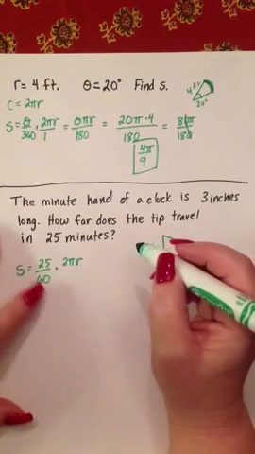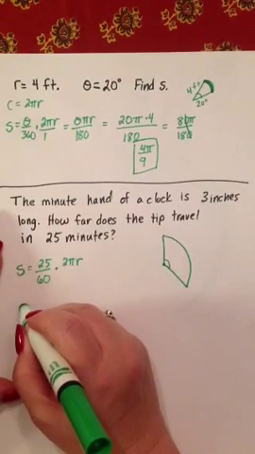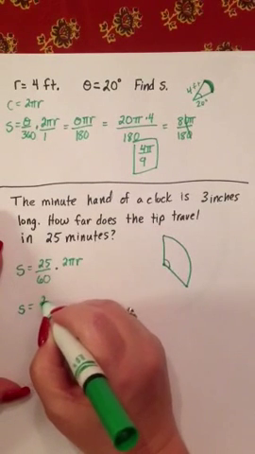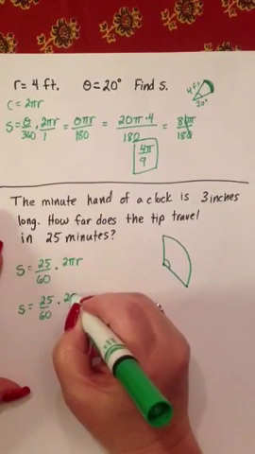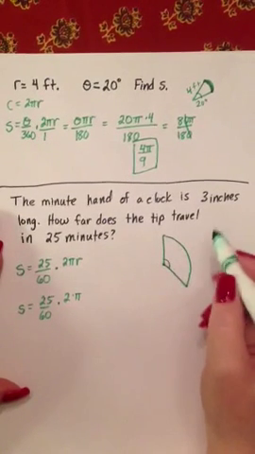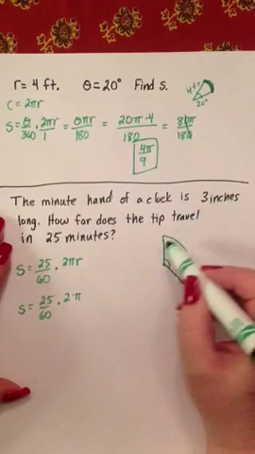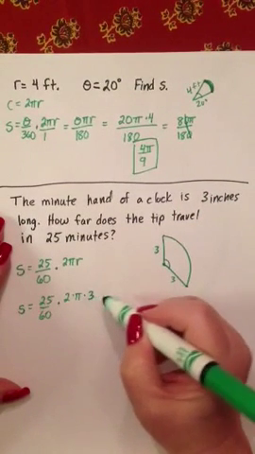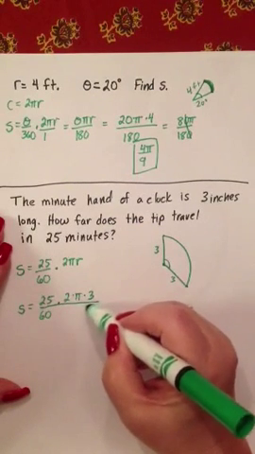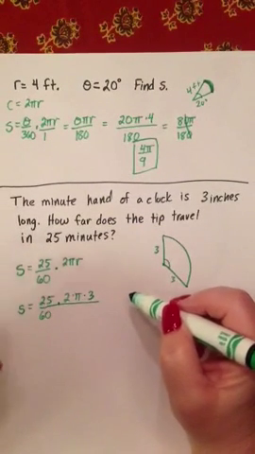All right, I didn't write down what those were, but so this will be S is equal to 25 over 60 times 2 times pi times r. They told me that the hand of the clock is 3 inches, so the radius is 3, okay? So here's my thing. Just multiply them all straight across.